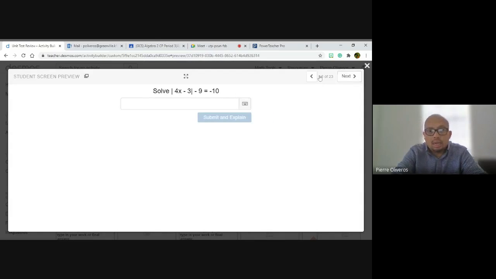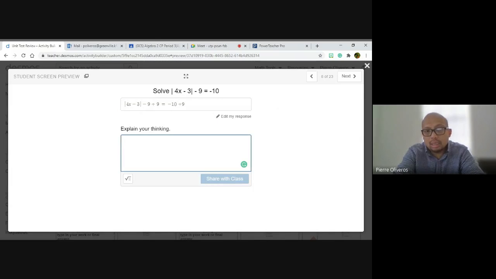Okay. Here, you're going to do the same thing. You can explain your answer. Here, I'm going to have absolute value of x minus 3 greater than -9. I'm going to add 9 on both sides, which is -10 plus 9. And then you will see, no, I'm not done here. Go back to edit your response.